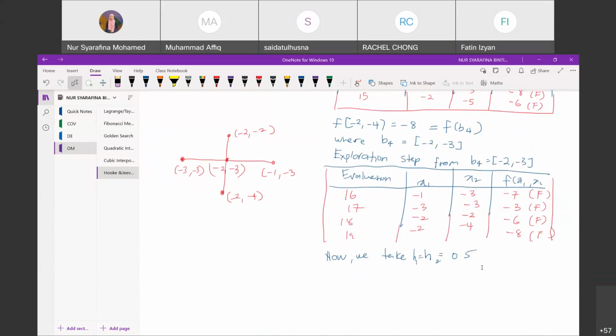So where can we explore it? Now, with this reduced step length, we need to explore again from before. So we need exploration again. Our new exploration step starts from before, but our evaluation now uses 0.5 as our step length.